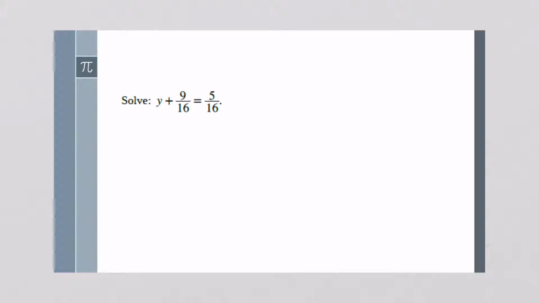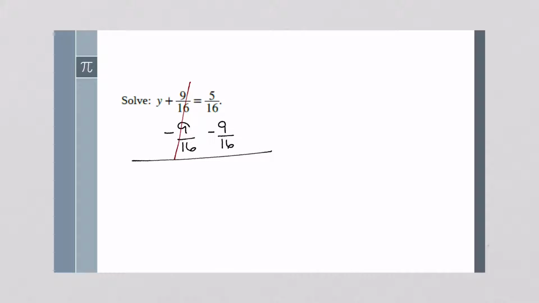Okay, so to solve for y in this problem, I would need to look at what's happening to y. We're adding 9/16 to it. So to undo adding 9/16, you have to subtract 9/16 from both sides. What happens whenever we subtract over here? They cancel each other out.